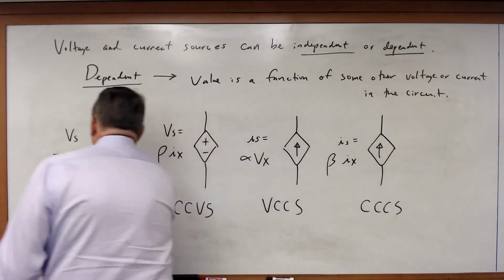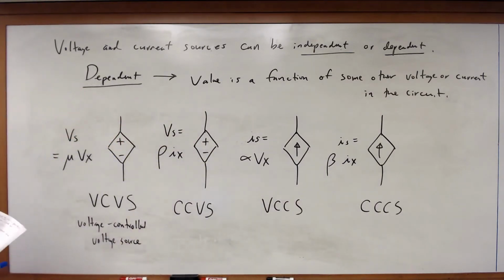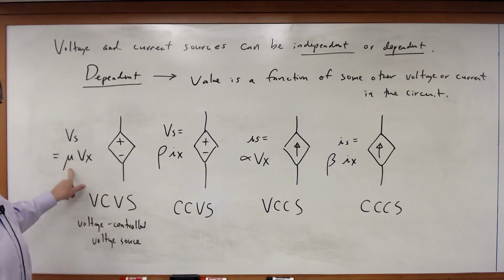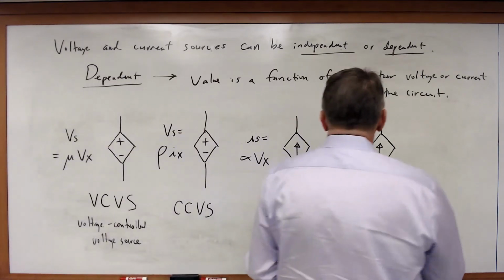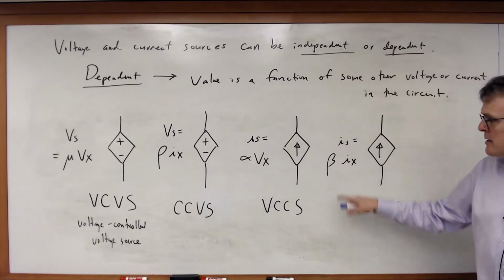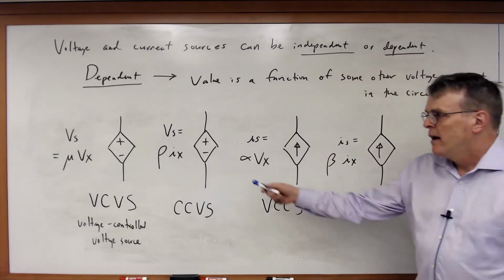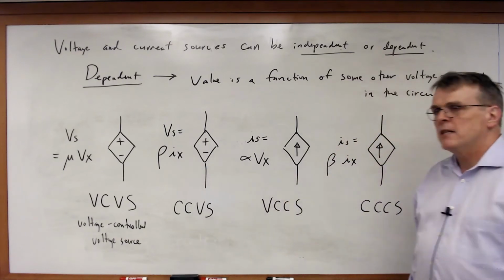Here, Vs is equal to mu times Vx. Clearly, mu has no units. It's simply a dimensionless quantity. It's a multiplier. Same thing over here. Is is equal to beta times Ix. Clearly, that is a dimensionless multiplier, but not for these two examples in the middle.